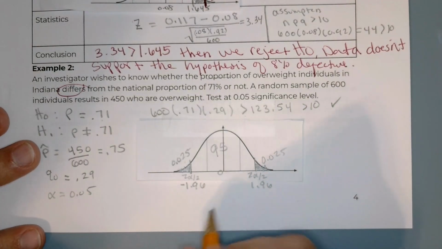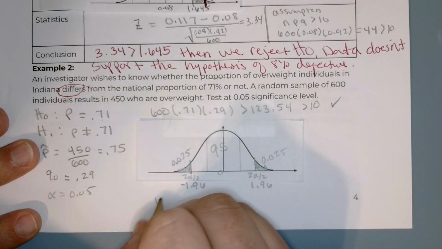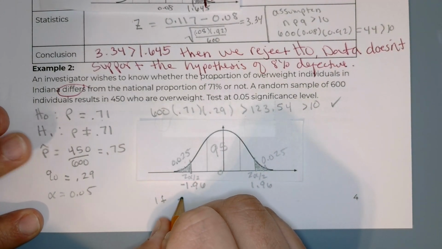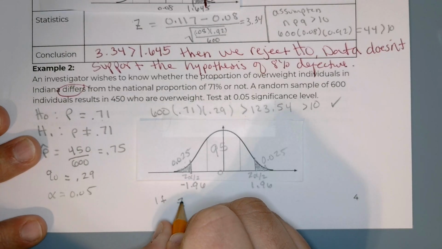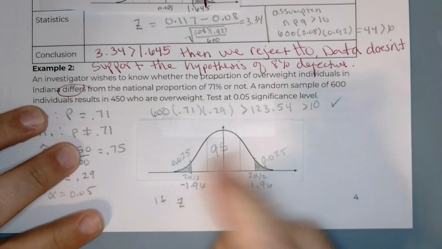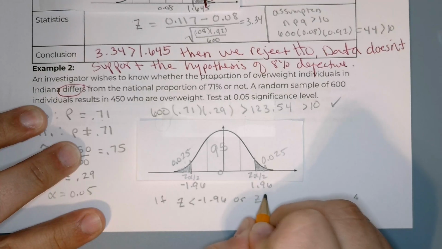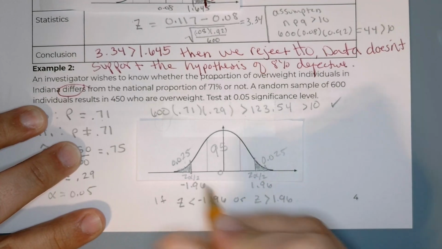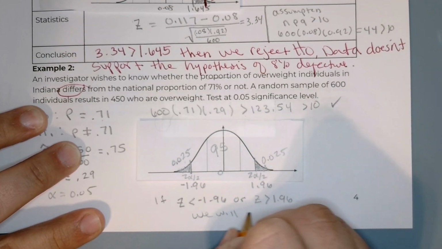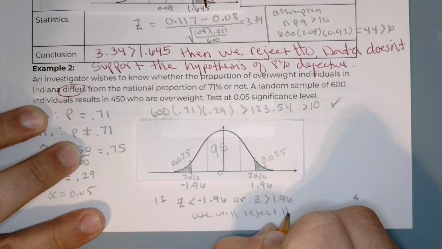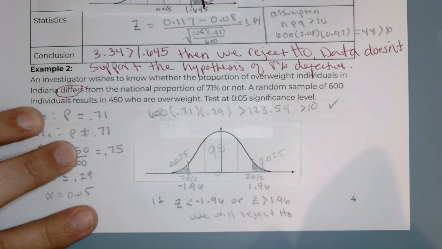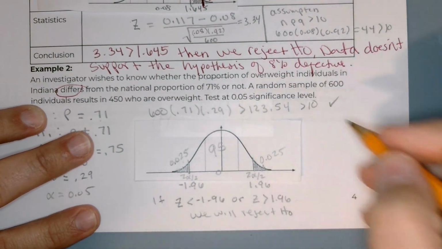So what we just found out is that if our statistic Z is less than negative 1.96, or if Z is greater than positive 1.96, we will reject H0. Okay, so that's just our decision rule. Now we can run our test.